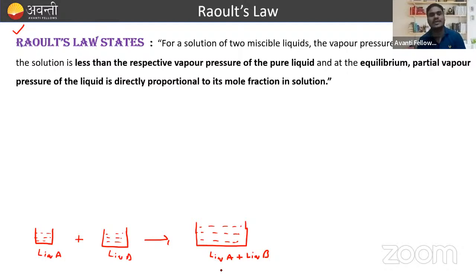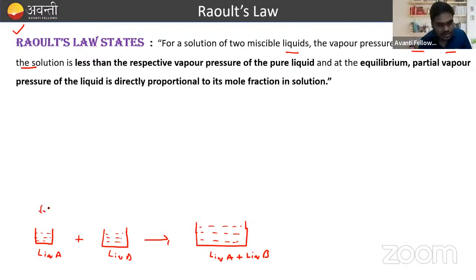So according to Raoult's law, the vapor pressure of the pure liquid is more as compared to when these two liquids are mixed with each other and the resulting vapor pressure, right? So for the solution of the two miscible liquids, the vapor pressure of each liquid in the solution means when they mix with each other.